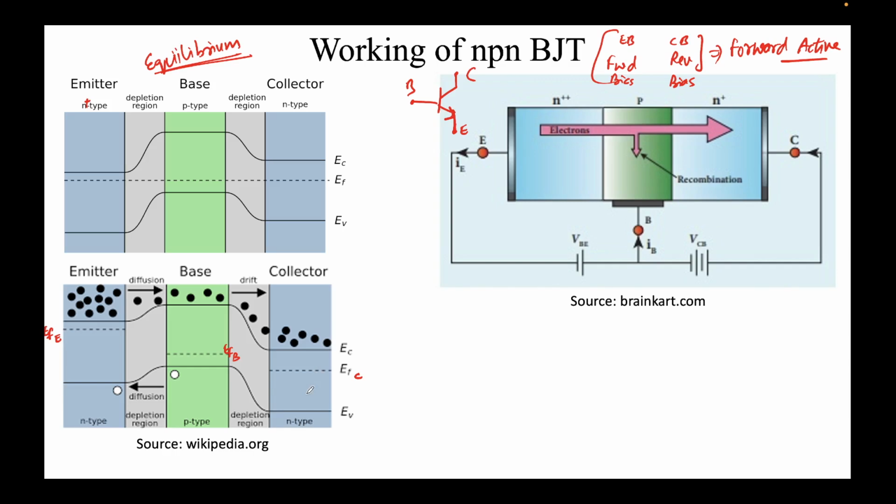What is the nature of the bias that I have applied? Just compare the emitter base junction. Again you can see EF is closer to the conduction band, so that is N type. We had already talked about this, so I'll not explain that again. Now let's compare the emitter base junction between the top and the bottom figure. You can see the extent of band bending is reduced significantly.